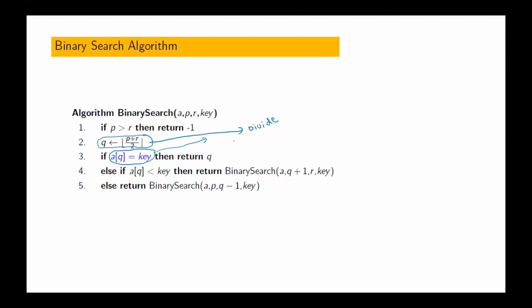Now you tell me what is the conquer step? Which step is the conquer step? In this case, conquer is not required. Directly we return the index, so it's constant, 1. Which step is the conquer step?